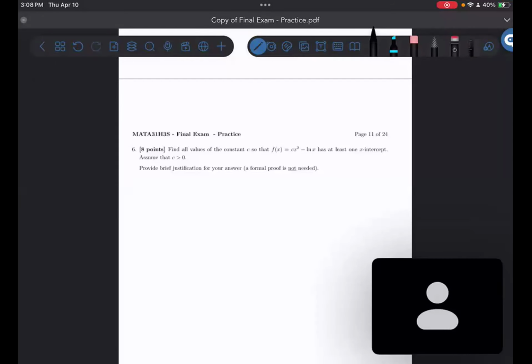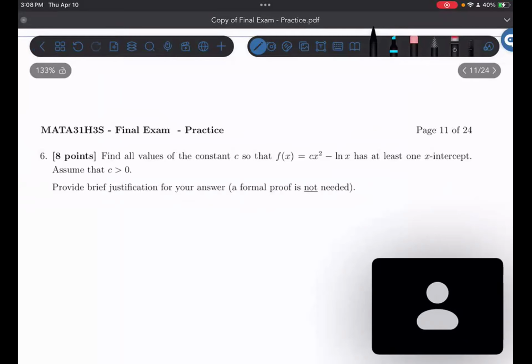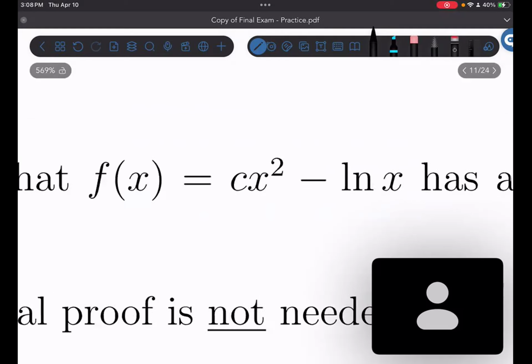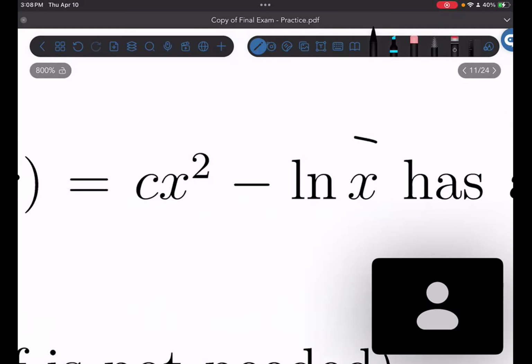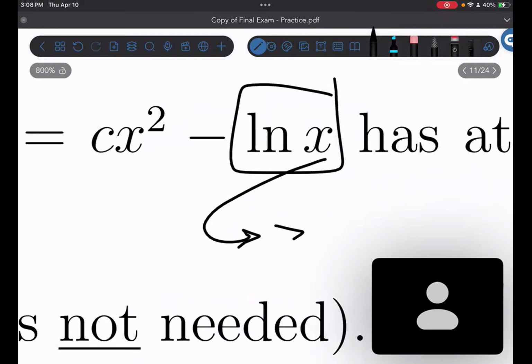Okay, so for 6, we need to find all possible values of c so that our function has at least one x-intercept, and our c is positive, which is good. Usually I like to consider what kind of values x could take on. I like to find the domain. Notice we have a ln function, which means we need to make the argument greater than 0.